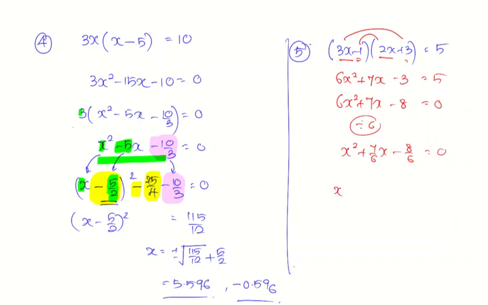Then let's do the completing the square. Minus what? 49 over 144. Copy down. Okay, do the same thing again.